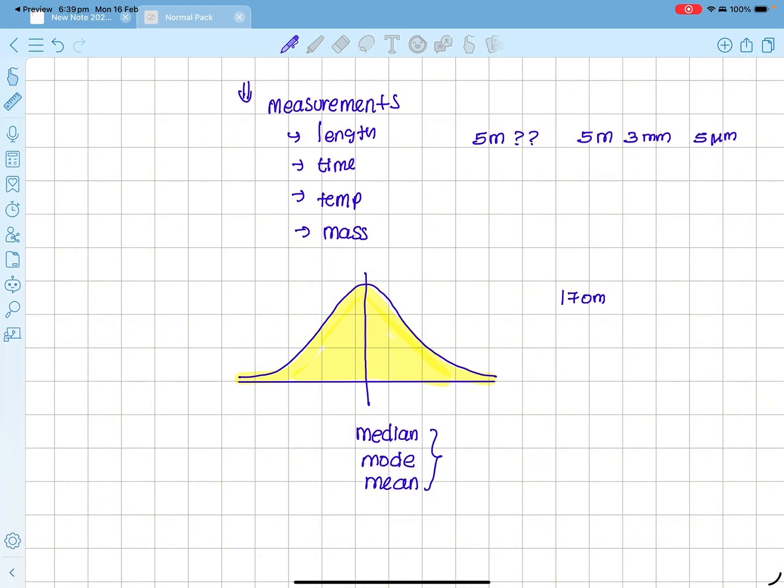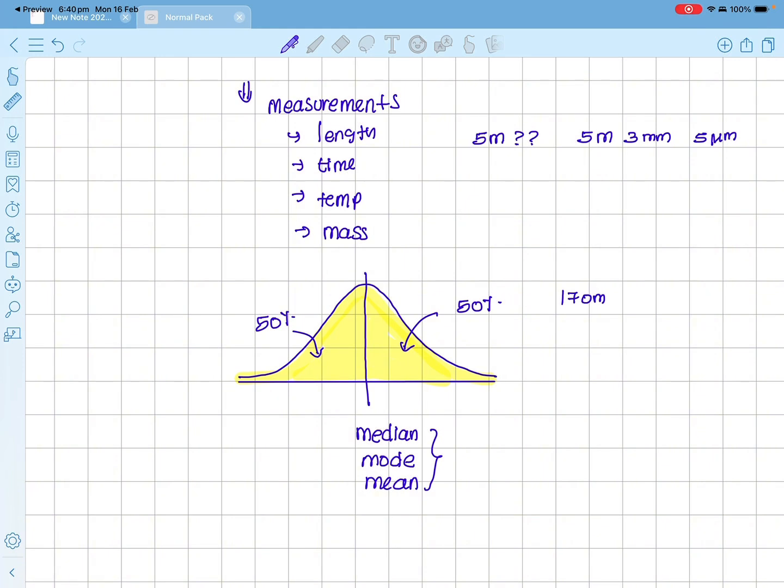So it divides the graph into two parts, and the area that I have shaded here talks about the probability. The probability of an event happening is calculated using the area. So the area here says 50% on this side and 50% on that side: 50% more than the mean, 50% less than the mean.